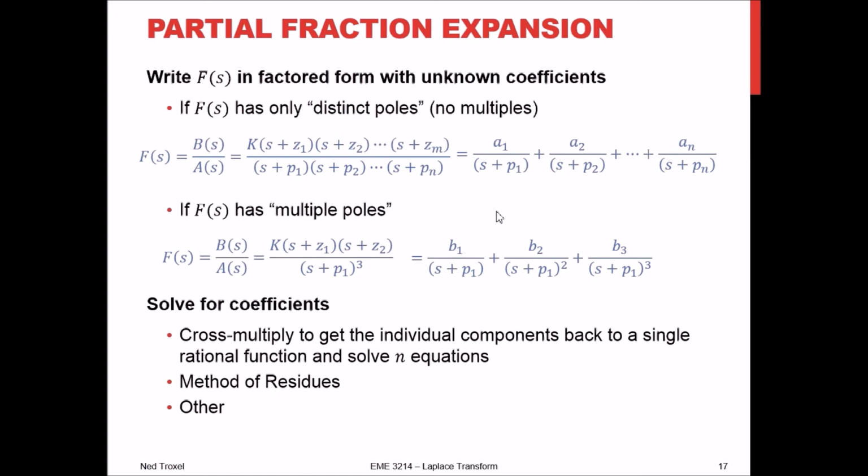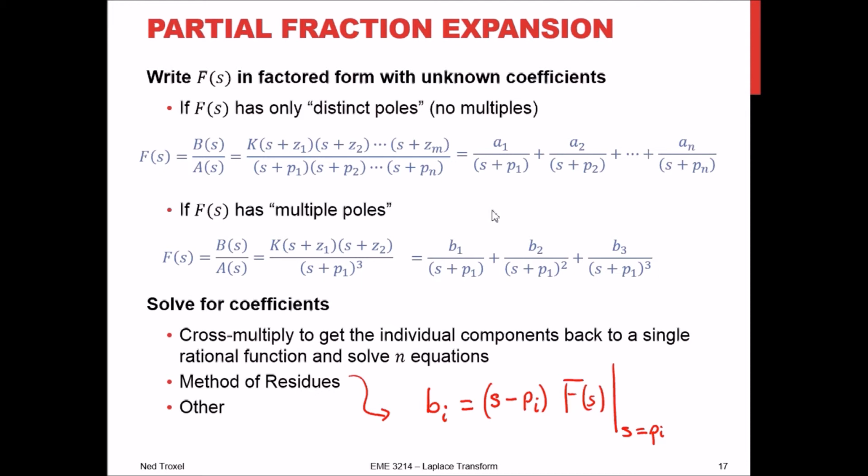Now, how do we solve for these coefficients? There's a couple of methods. One is to cross multiply and get the individual components back into a single rational function and then solve n equations. And I'll show a little more what that means. There's also a formula called the method of residues, okay?